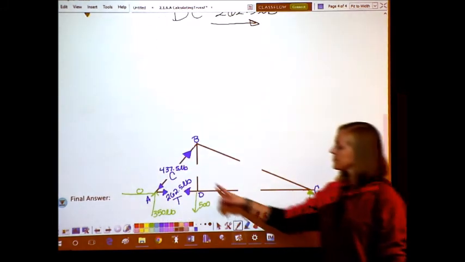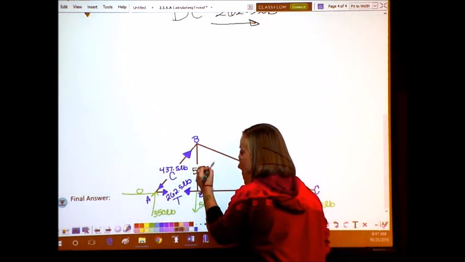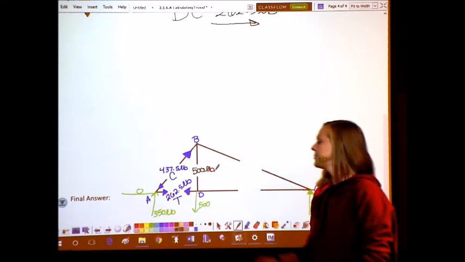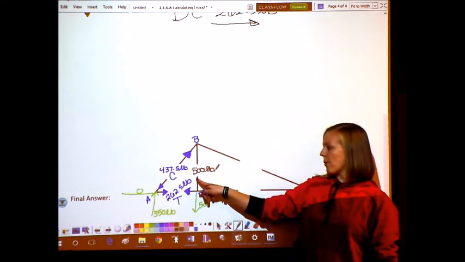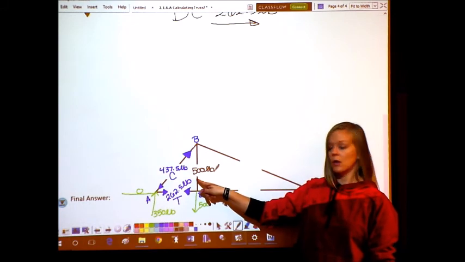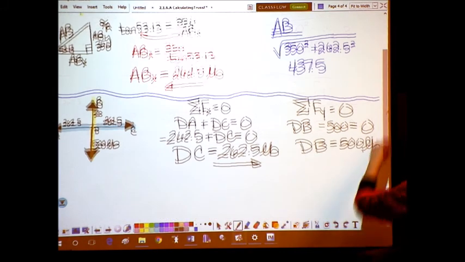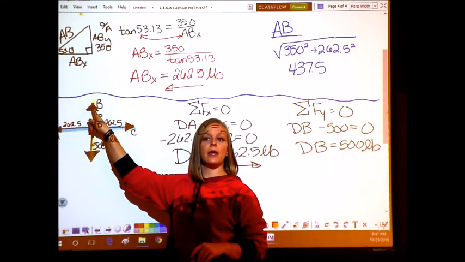Let's put our number in, 500. Now remember, right where my finger is, am I going to draw an up arrow or a down arrow? This one's down.